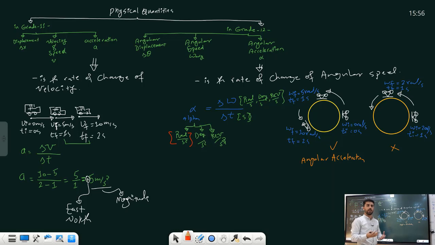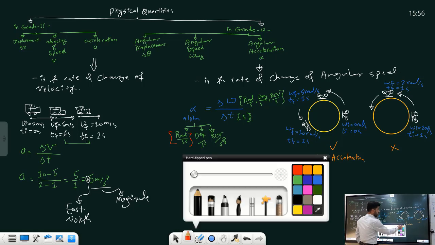But radian per second squared is the unit that we use every time. It's the SI unit of angular acceleration.